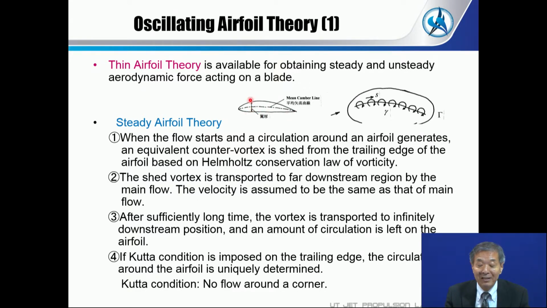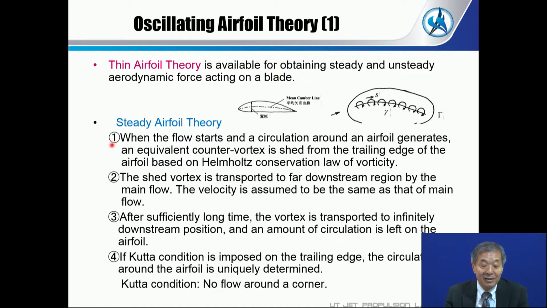So blade thickness is, of course, a very important parameter. But in this theory, it's neglected. And the airfoil is composed of only the mean camber line shown here. Okay, that is thin airfoil theory. And a steady airfoil theory.